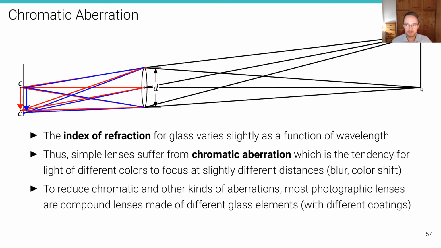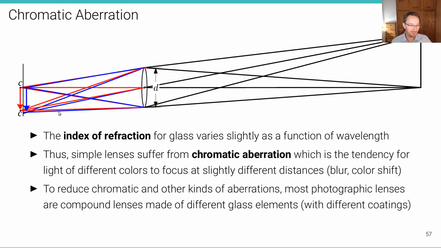So for instance, for this 3D point here, we obtain a blur effect because, as you can see here, the red colors are focused after the image plane and the blue colors are focused in front of the image plane. And so we have a little circle of confusion for both colors here.